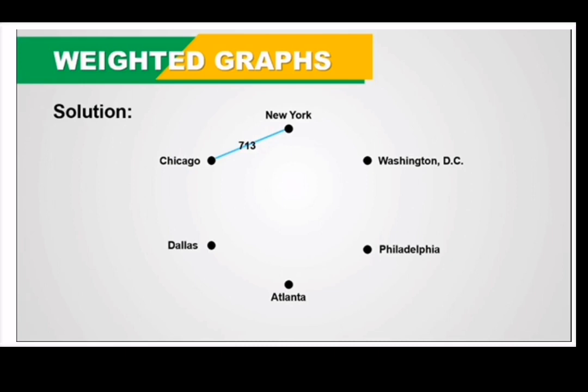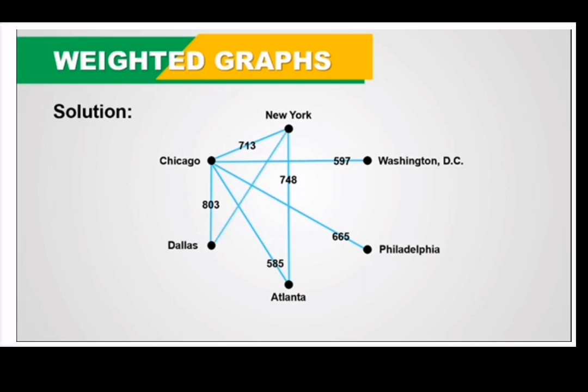From Chicago to Washington DC, that is 597. Try to look back at the table presented a while ago. From Chicago to Philadelphia, that is 665. From Chicago to Atlanta, that is 585. Chicago to Dallas, 803.